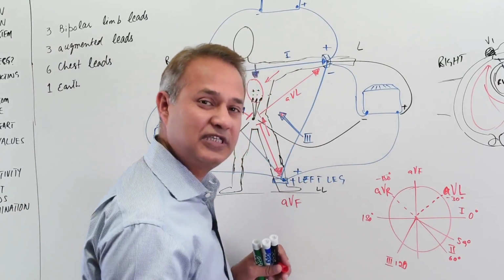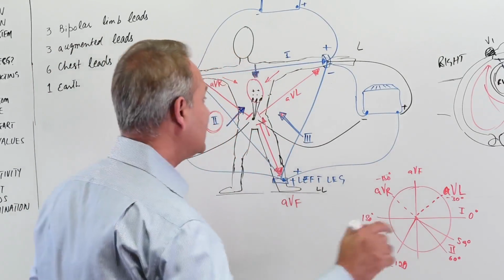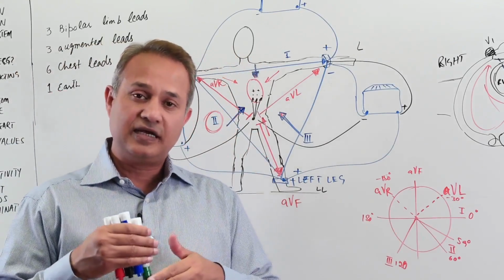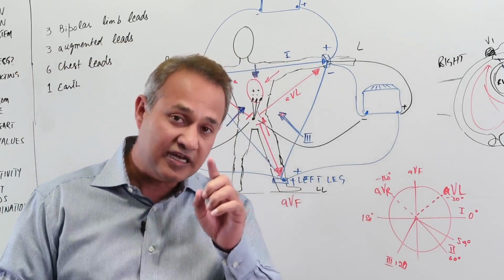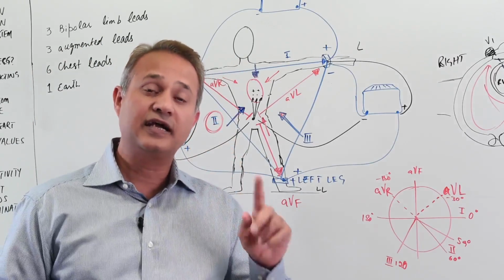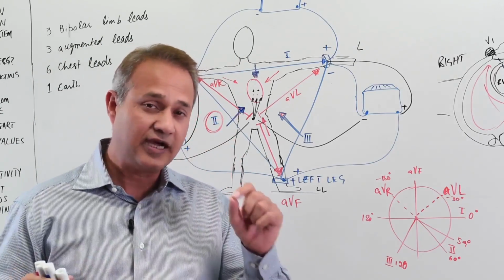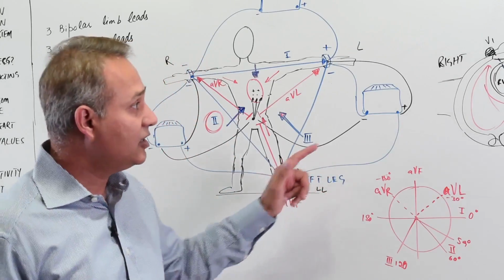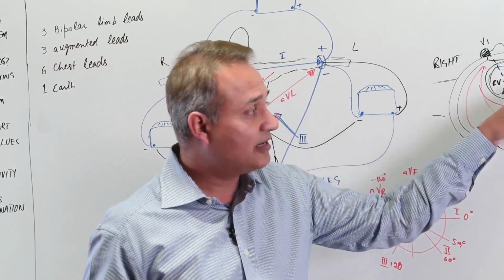So this is almost the same direction. That is why in normal hearts, the best action potentials can be seen in lead 2. Hero is 2, not 1. So keep looking at lead 2 whenever you look at the leads. That would give you the best current amplitudes. Similarly, for the left ventricle, V5 and 6.